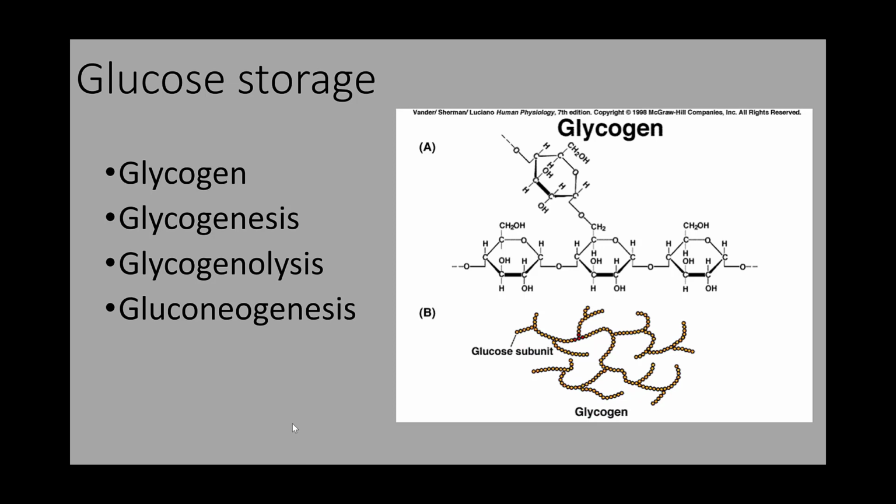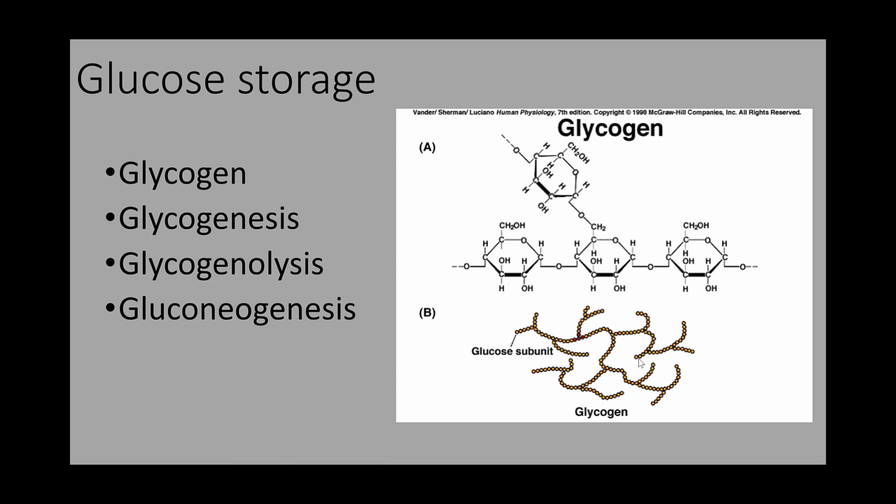Now, how does our body handle glucose? Sometimes we have more glucose than our body needs at the moment. Sometimes we don't have enough glucose coming in through our diet. So how does our body manage all that? How does it shuffle it around? Well, we mentioned one of the ways that our body stores glucose back in chapter 2 was in this long chain called glycogen.